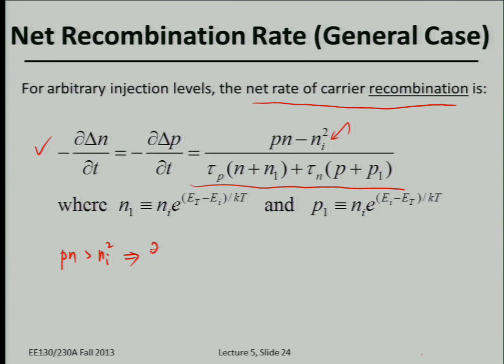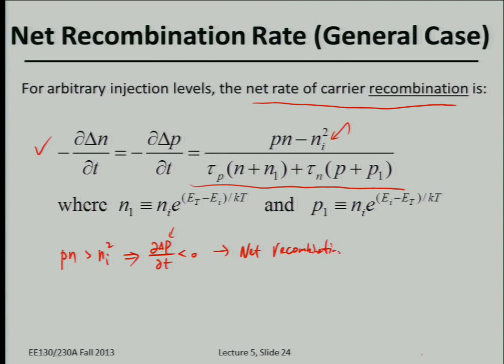But the dP over dT, or like dN over dT, if this is positive, then this is negative. So what does that mean? It suggests that dP over dT is negative. So basically this net recombination is going to happen.